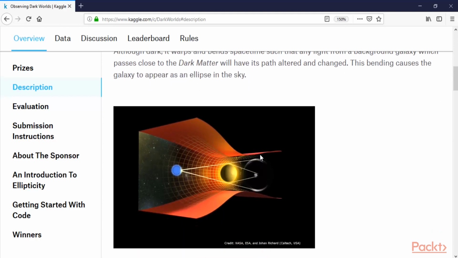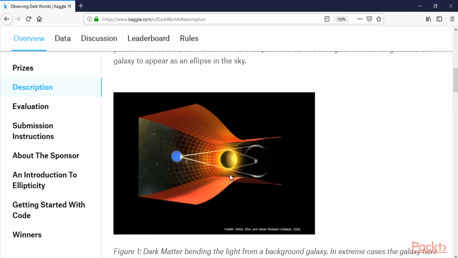So if the galaxy is not an ellipse, if it is any other structure, but according to the dark matter problems, according to the altering of path, it looks like it is elliptical, but it is not. You can see also in the figure here.